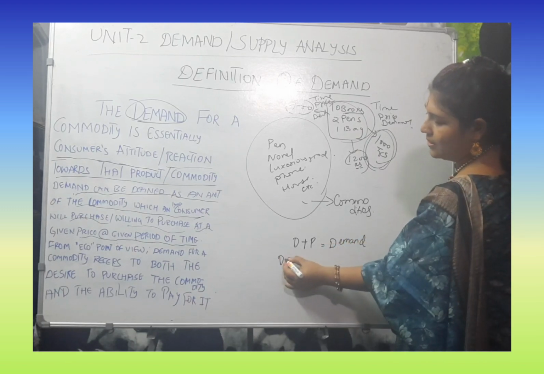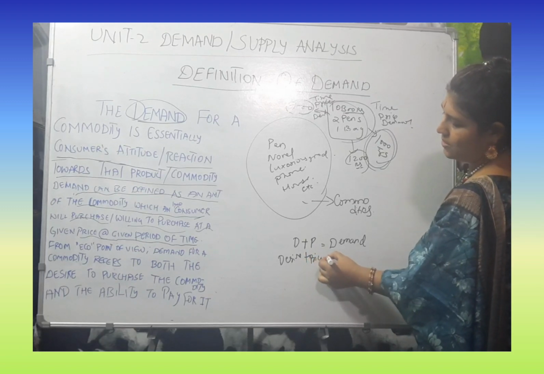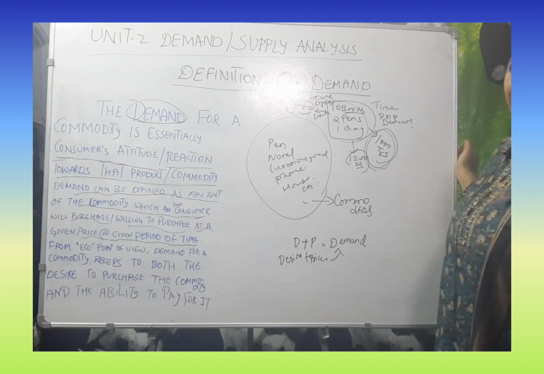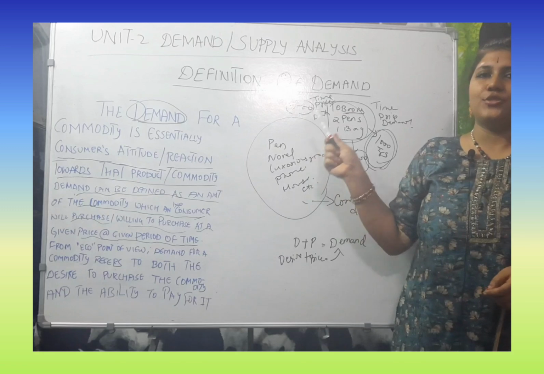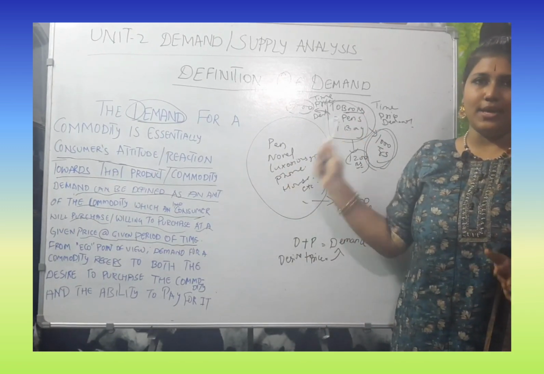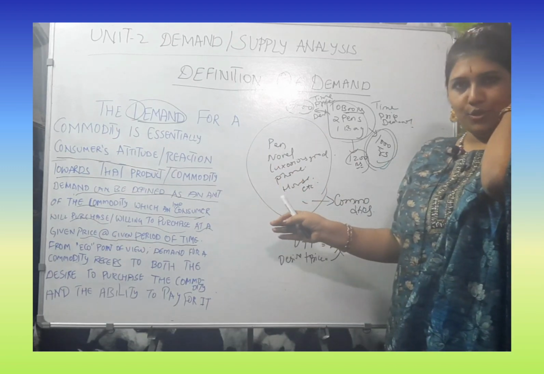Desire plus price is equal to demand. So that is what is called the definition of demand, and all these things are the examples which I wanted to explain to you clearly.